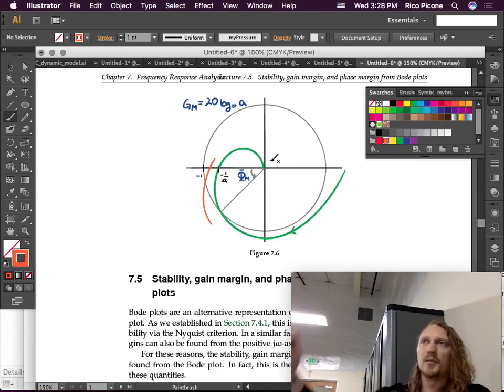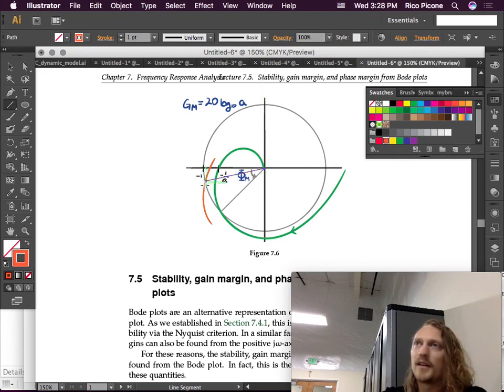If I scaled this thing a little bit, the gain margin would decrease, but so would the phase margin, because that's going to be this angle, right? So as we get closer and closer, the phase margin is going to decrease as well. So it's another expression of how stable a system is. If you have a small phase margin and a small gain margin, you're in danger of becoming unstable if, say, some of your parameters changed, or if your gain was to increase much.